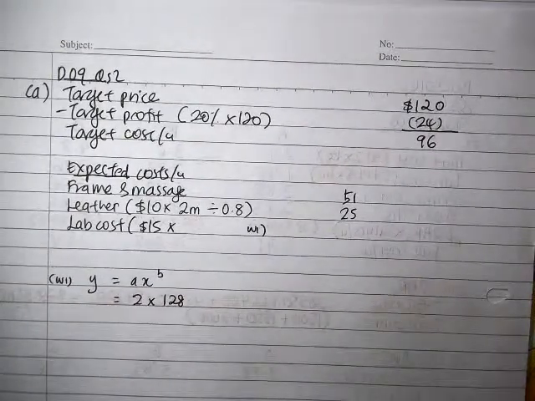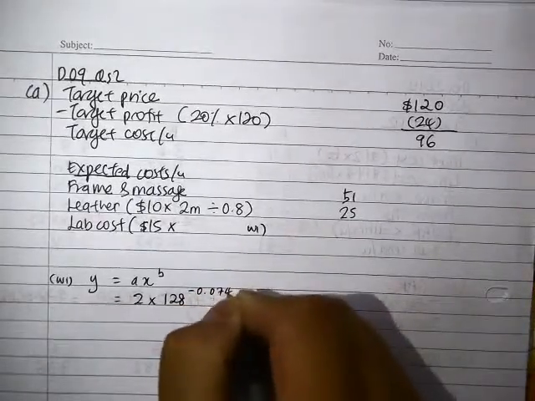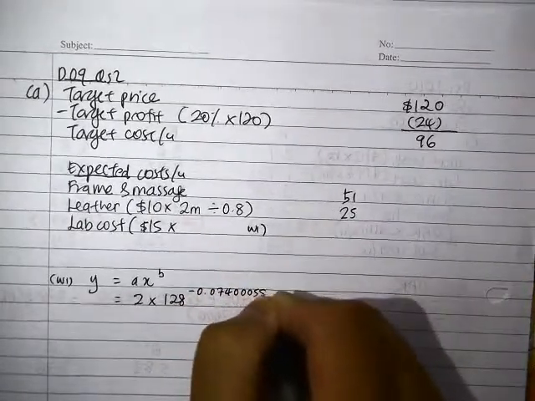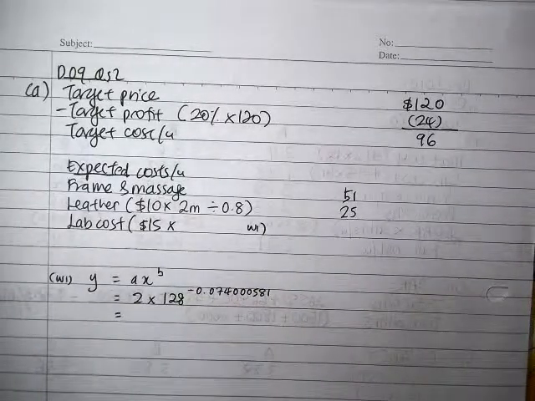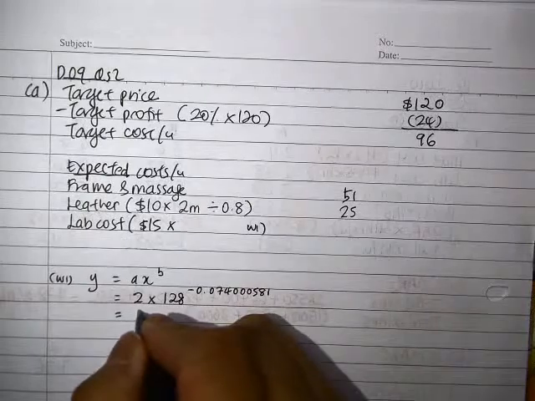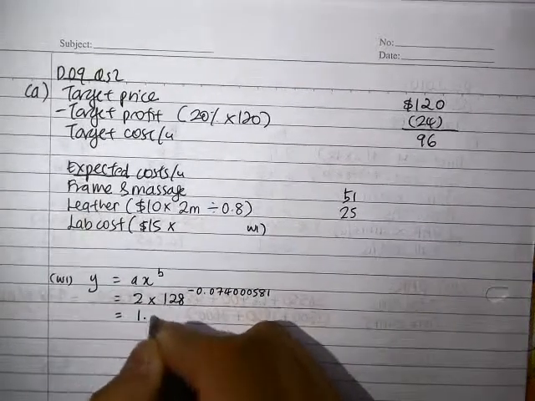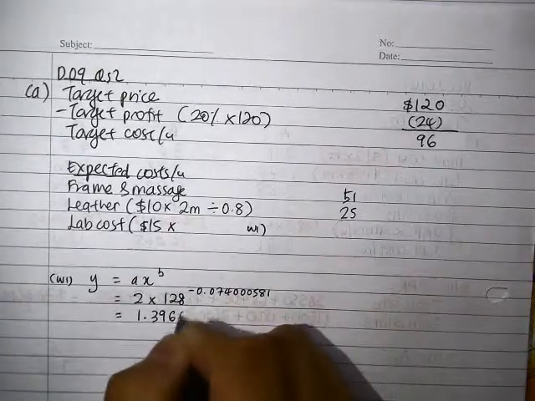Then to the power of negative 0.074000581. Now we get something like 1.3966.